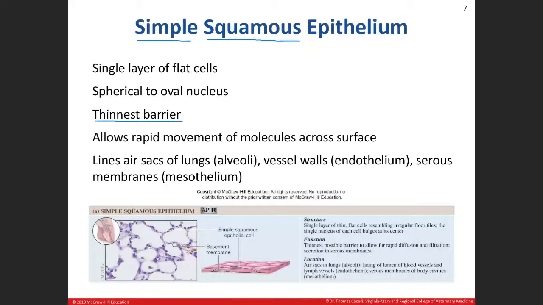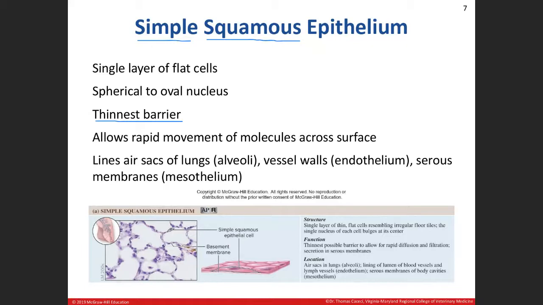In all actuality, this is the thinnest barrier that you can find in the body. It's one cell layer thick. That's very, very thin. So the nice thing about it is, for secretion, absorption, or filtration, things can move across that barrier with relative ease, but also really fast. Don't you think that's kind of important in our lungs? When you're breathing, you've got to get oxygen into your blood and get rid of carbon dioxide, which is a cell waste product, and breathe that out.